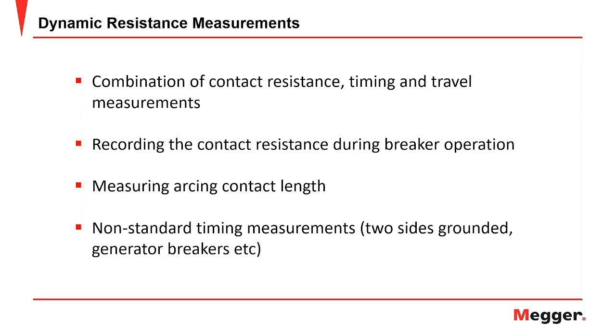Tests are conducted by injecting DC current through the breaker and measuring the voltage drop and current whilst the breaker is operated. And the breaker analyzer or computer software will calculate and plot the resistance as a function of time.